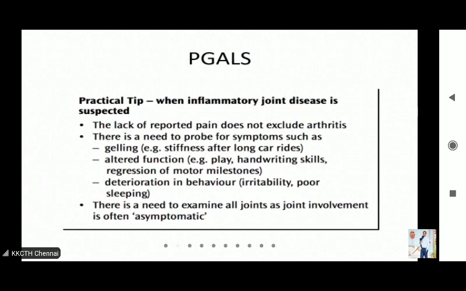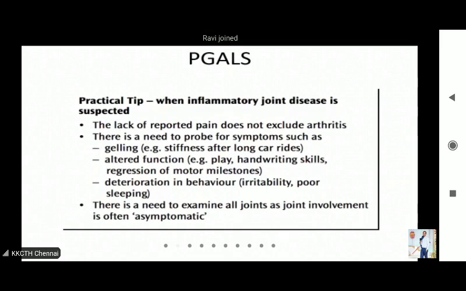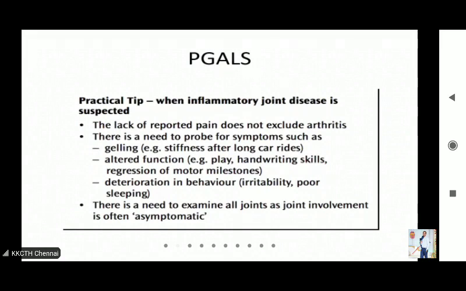So, just practical tips. When you suspect there's some inflammatory joint disease in a child, just because the child is not complaining of pain, it does not mean that there is no arthritis. In very young children, they tend to present with loss of function rather than pain, because most of the inflammatory arthritis is insidious in onset. They sort of adjust to the pain and they present with loss of function.